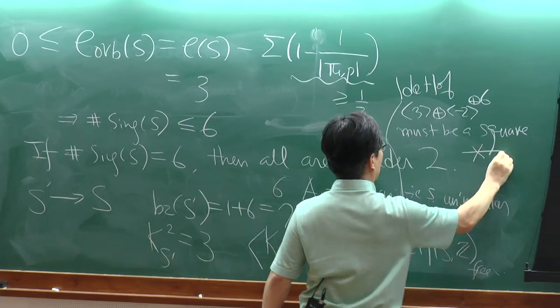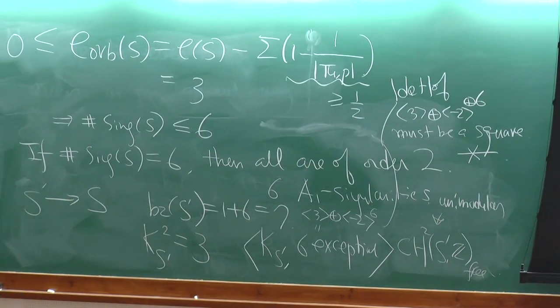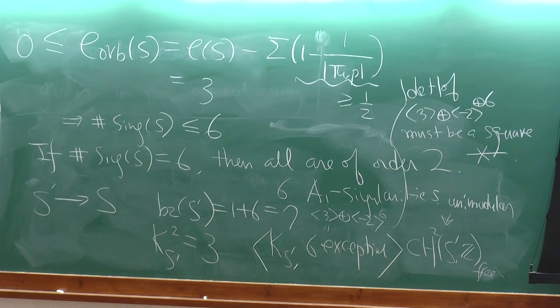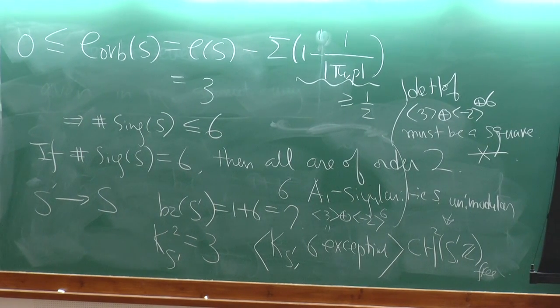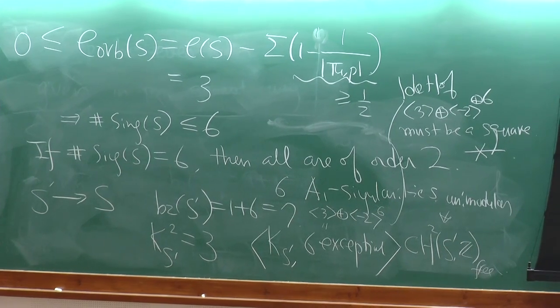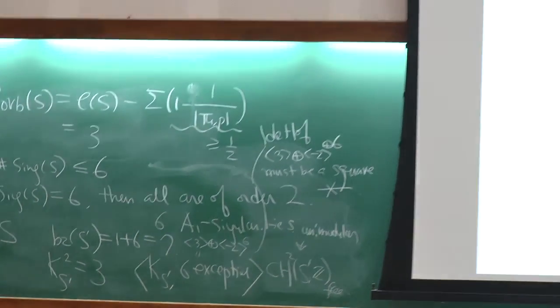This is a contradiction. So you can assume that the number of singular points is at most 5. And then, okay, we proceed.